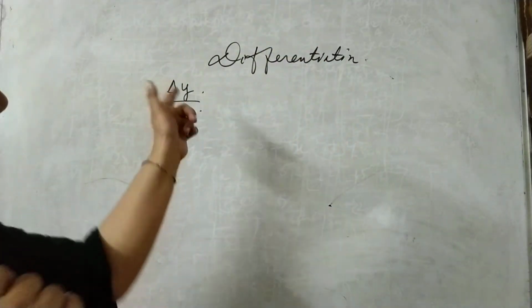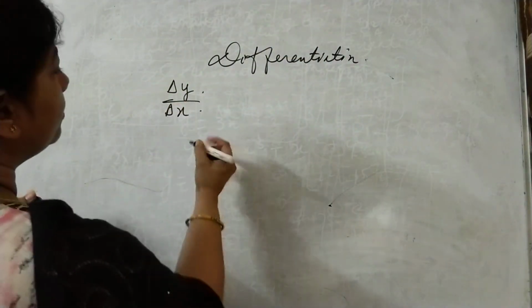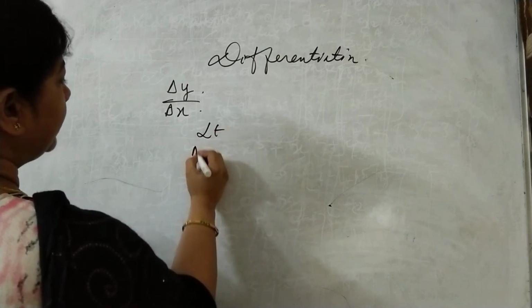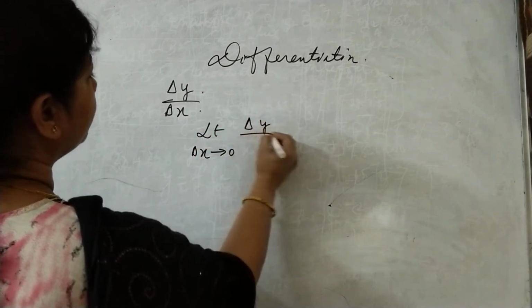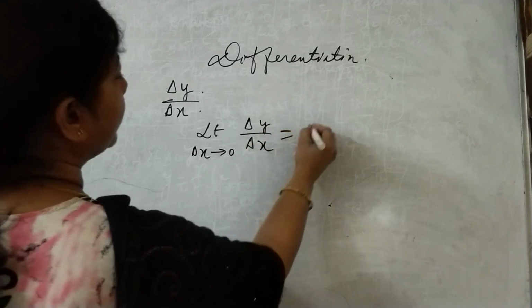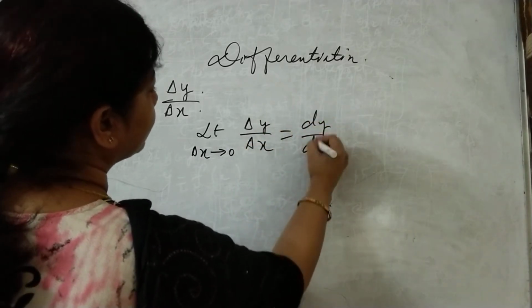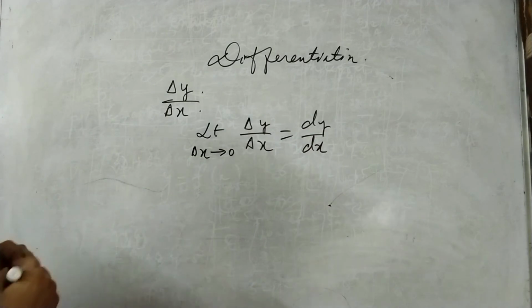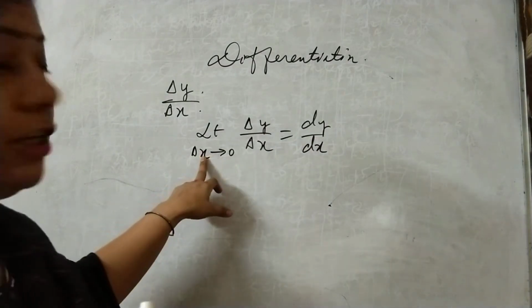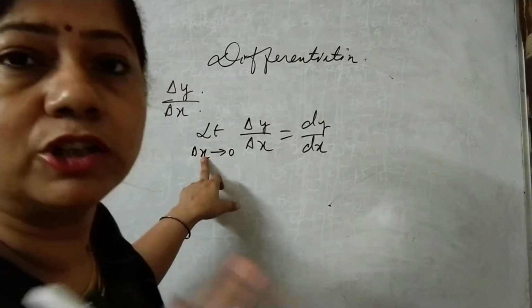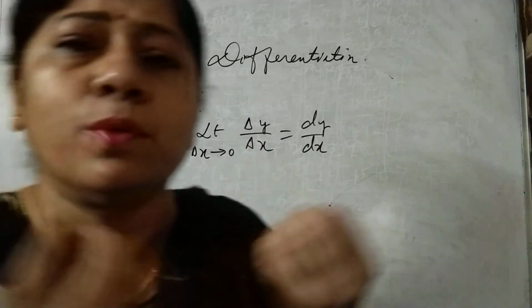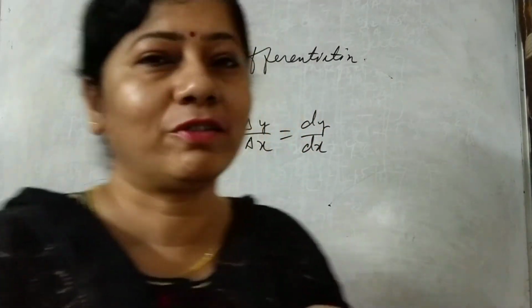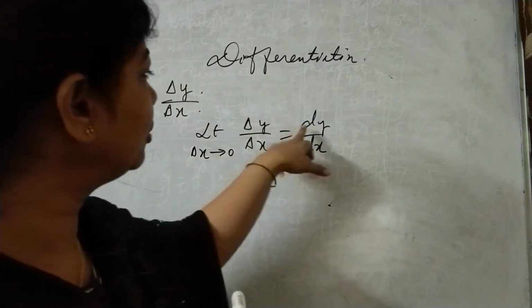In that case, we can write this as limit delta x tends towards 0 of delta y by delta x, and this can be written as dy by dx. It is so small that it is tending towards 0. This is how we represent it.